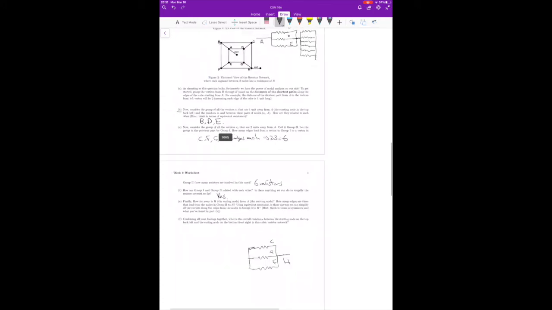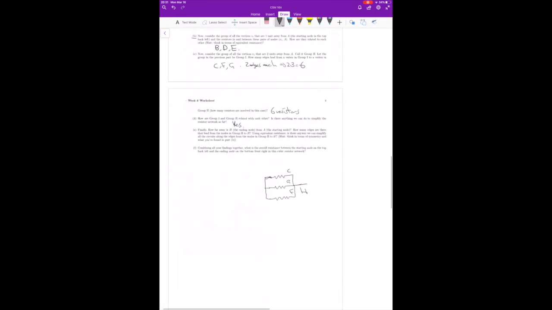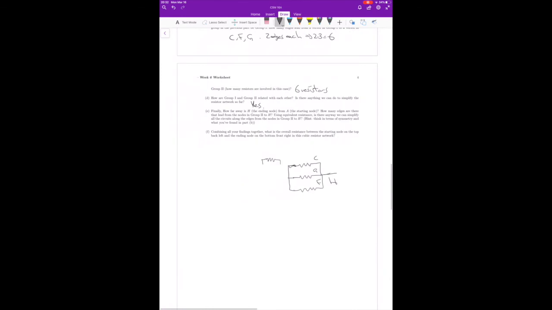Now our middle section is the 6 nodes. My resistors are getting slowly uglier because there are so many. Okay, and then we have the remaining 3.